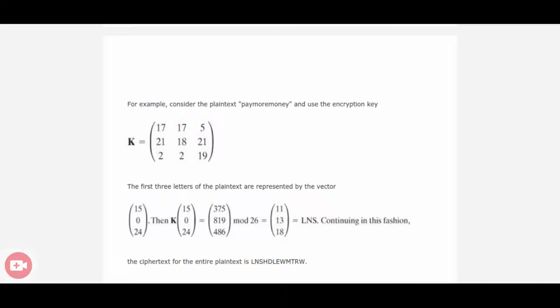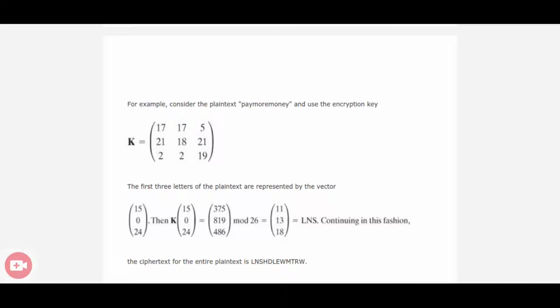We will get 11, 13, 18. And the letters for 11, 13, 18 are L, N and S. So PAY can be converted into LNS.